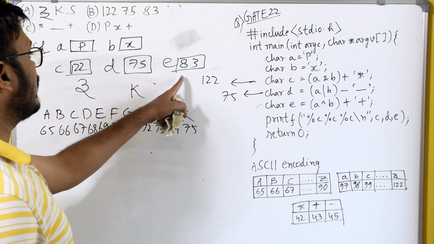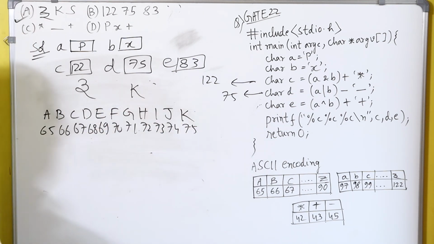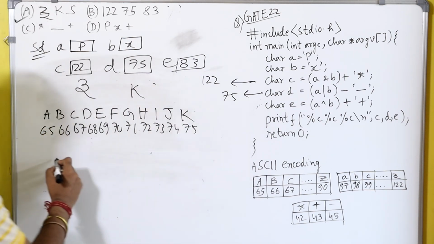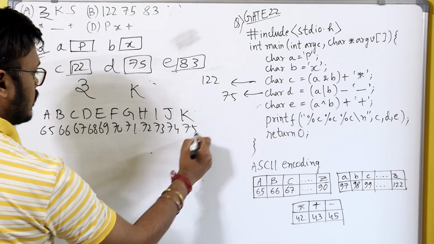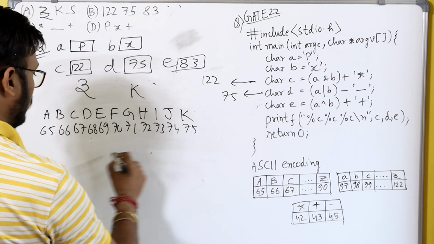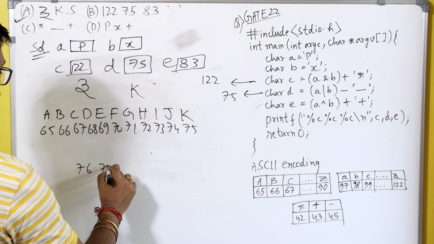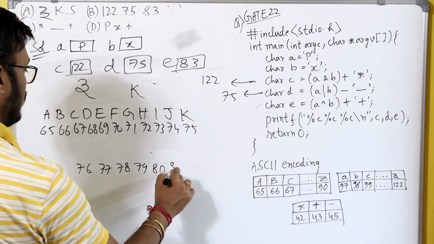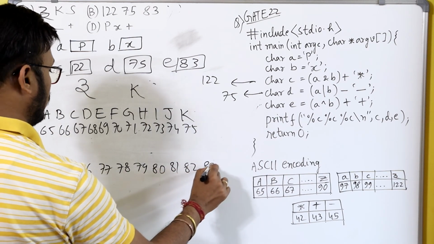Fine. And here you can see 83 is there. So it means what? Which character will be printed? So here you just go further. So here 76, 77, 78, 79, 80, 81, 82, 83. Fine.